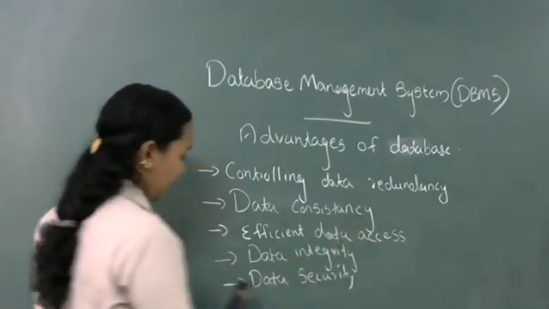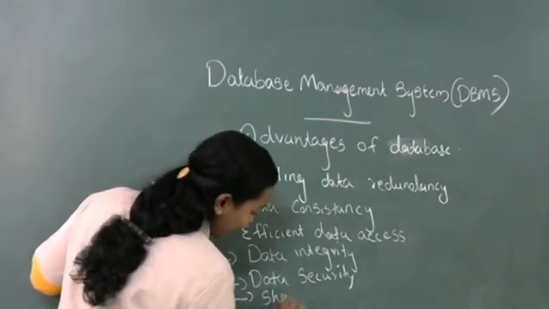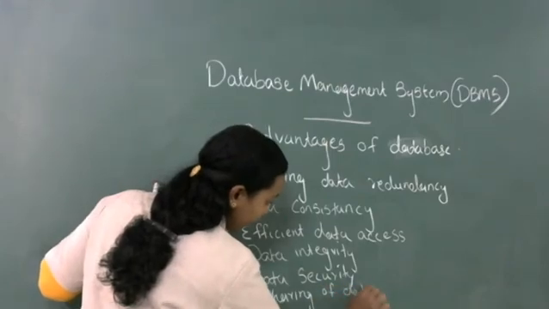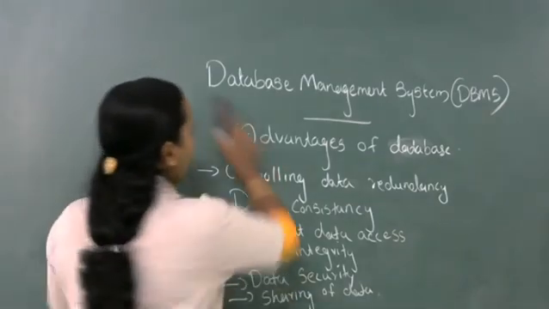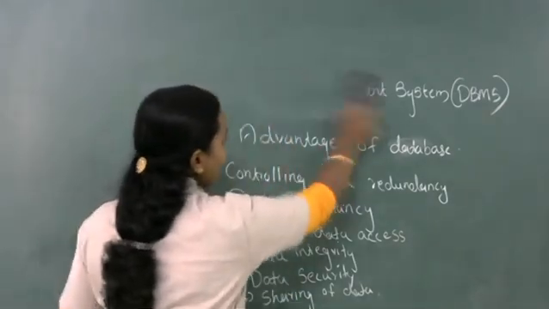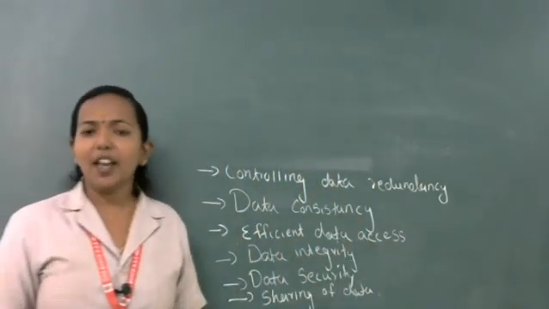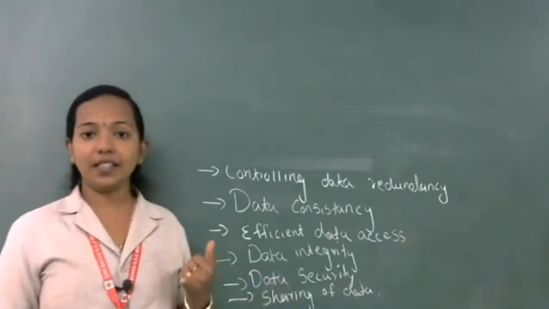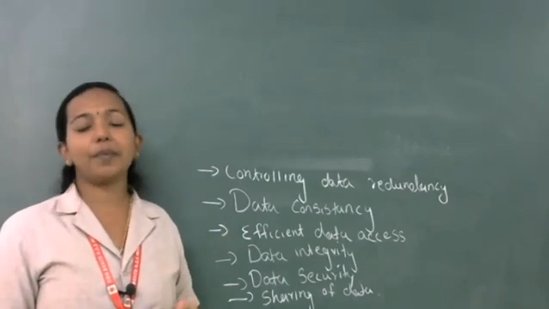Then the next one is sharing of data. In some languages, like JavaScript, PHP, in all these languages, we can add a database, or using that language we can access data from the database.